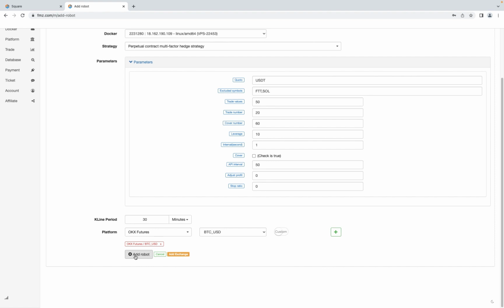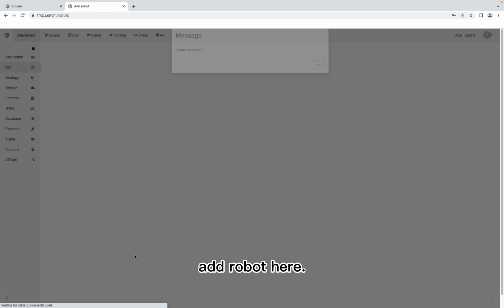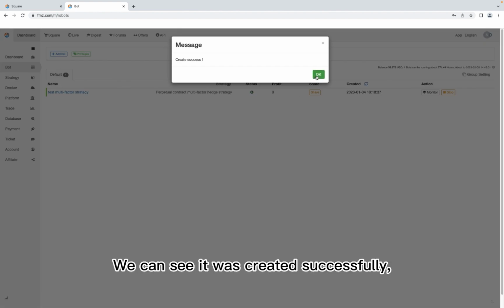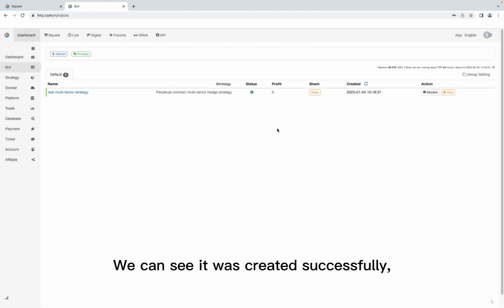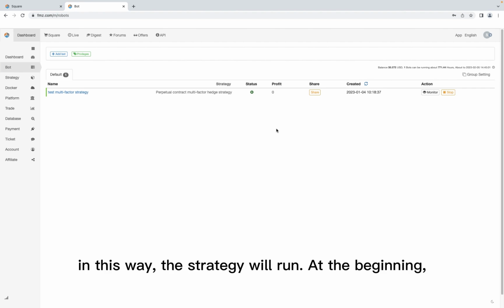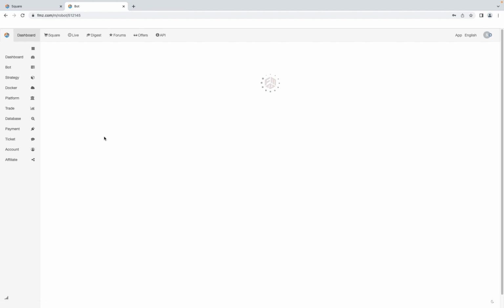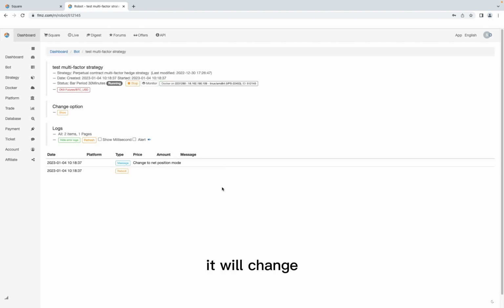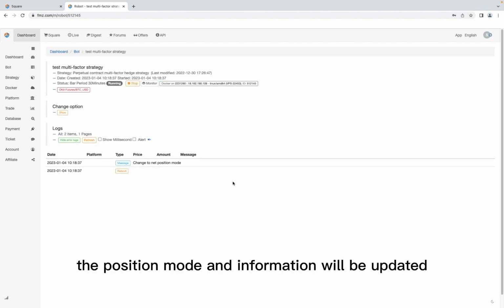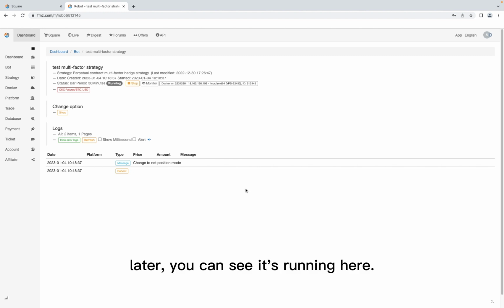Click Add Robot here. We can see it was created successfully. In this way, the strategy will run. At the beginning, it will change the position mode and information will be updated later. You can see it's running here.